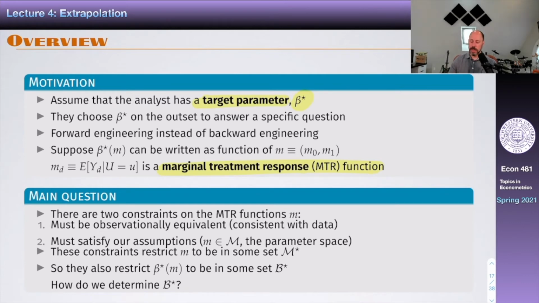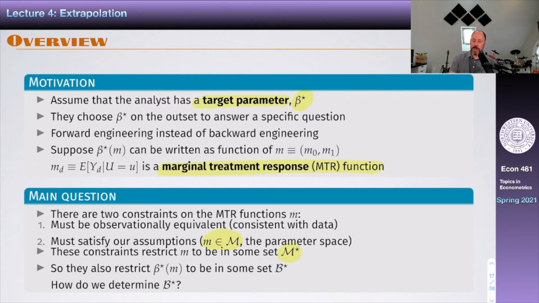So we're going to impose assumptions on this marginal treatment response, which could be, in one case, no assumptions aside from, say, separability, or no assumptions at all. But we're going to define this set that I'm calling script M as the set of assumptions that we're going to impose on the function. And then when you put both together, they lead to a feasible set of functions that we're going to call script M star.